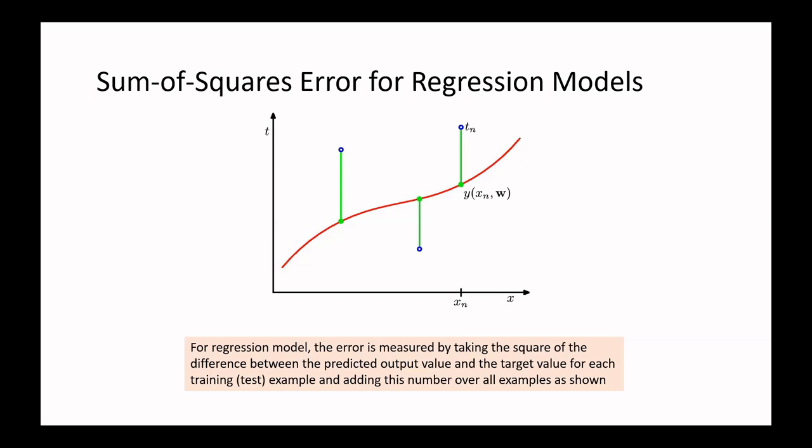Then I look at how far my training points are lying from this curve. If I measure that difference vertically down or vertically up, that difference gives me an idea of how good our model is. So we can square up those distances and then add them up, and that gives us a good indicator of how good our model is for regression.